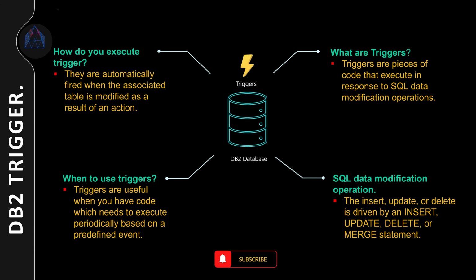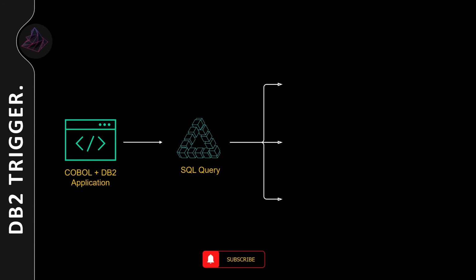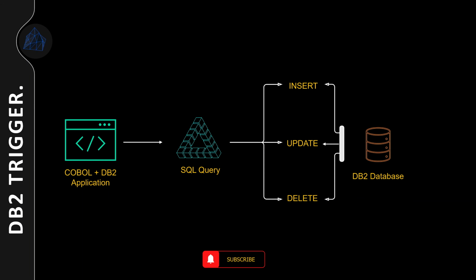Now let's try to understand the entire concept of triggers with the help of an example. Here's a COBOL DB2 program that is using embedded SQL statements to perform an insert, update, or delete operation on a DB2 table based on the business functionality.